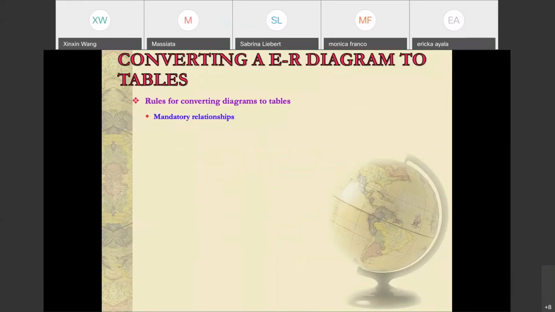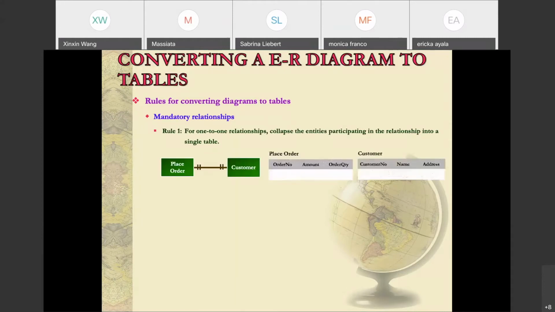There are very important rules, and you should not memorize them, but have a good understanding of how this conversion works. Students have asked me about mandatory relationships and optional relationships. So I will illustrate that in more detail when we convert the ER diagram to tables, right?